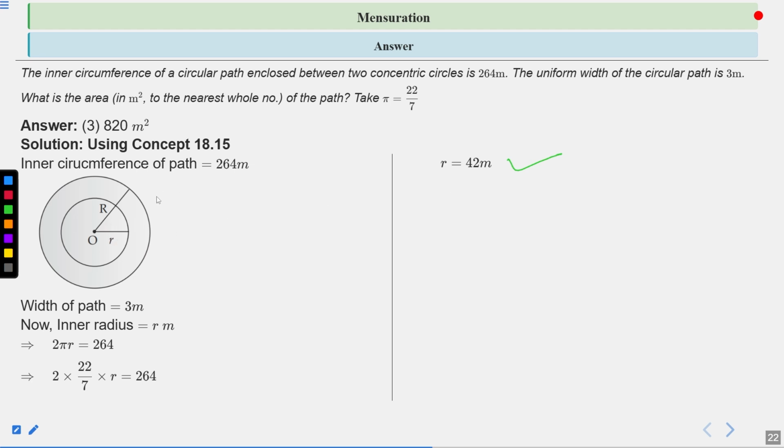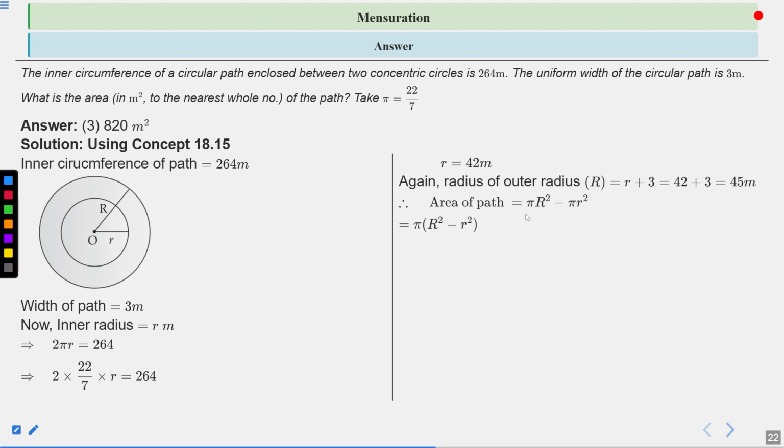Now we can get the outer radius. The radius of the outer circle, outer radius capital R equals r plus 3, which is 42 plus 3, becomes 45 meter. Now we can calculate the area of the path using the formula pi R square minus pi r square.